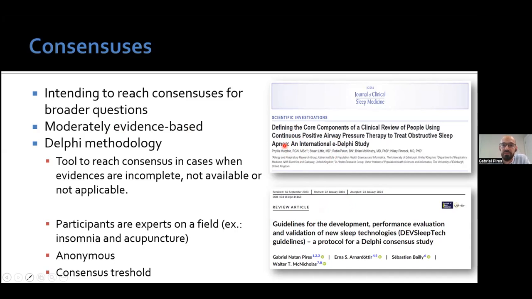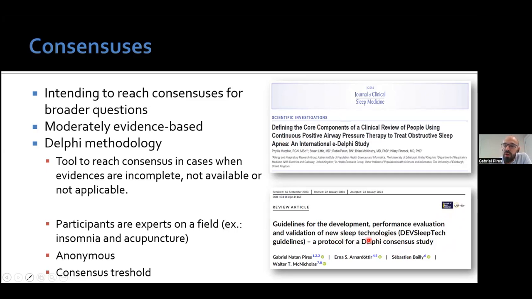Basically, these recommendations arise from standardized questions that are put to several experts, and if they agree above a certain threshold, this turns into a recommendation. We are working in the Sleep Revolution project on a consensus study for guiding the development and validation of new sleep technologies.